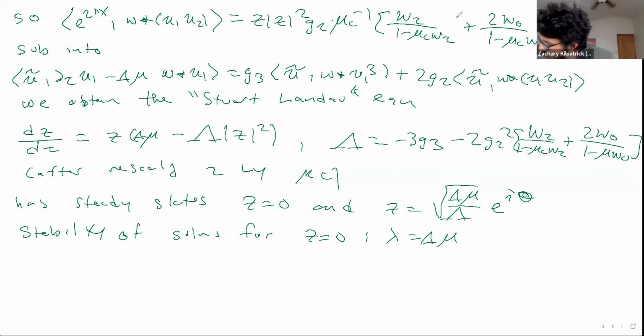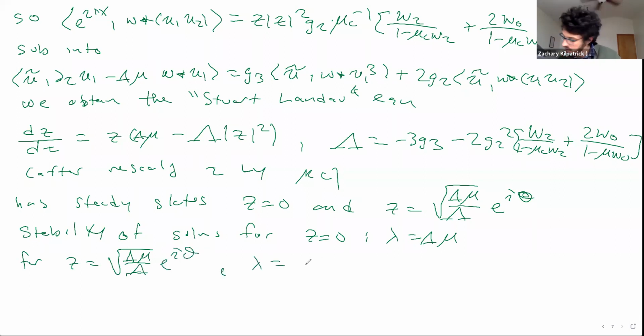For the other more interesting solution, right? For z equals this delta mu over lambda e to the I theta, okay? Lambda equals minus delta mu e to the 2I theta minus phi, okay?